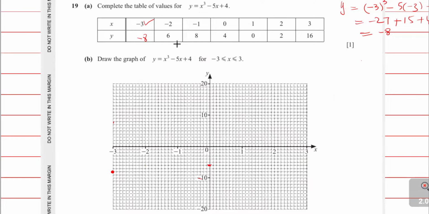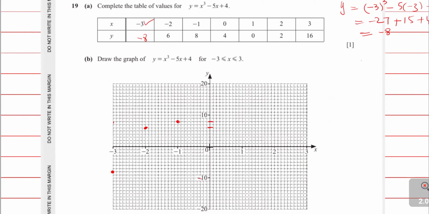We mark the point minus 2, 6; this is 1, 2, 3, 4, 5, and this is 6. Next is minus 1, 8. This is the 8 position, and we mark minus 1, 8.